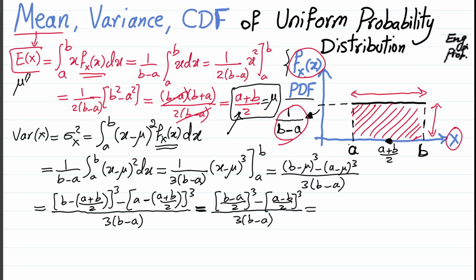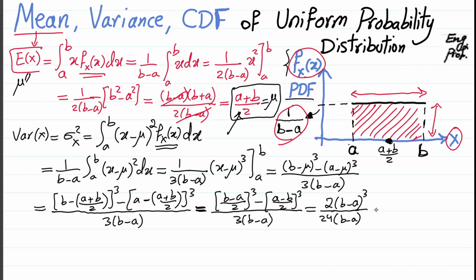With the denominator 2 raised to the power 3, it becomes 8, and I can write 1 over 24 times b minus a, and then b minus a cubed minus a minus b cubed, which effectively becomes 2 times b minus a cubed, because it's an odd power.